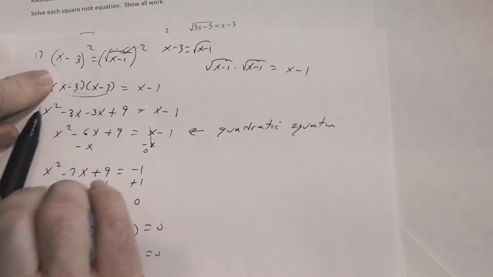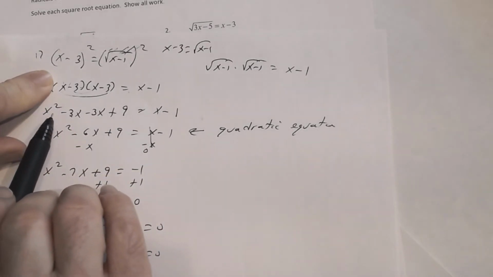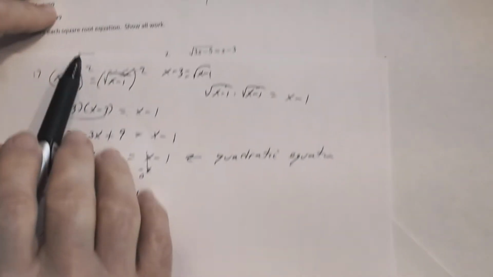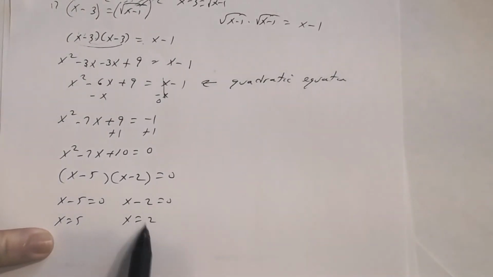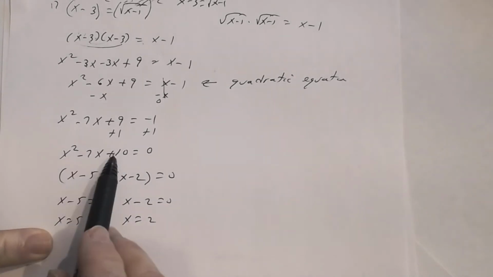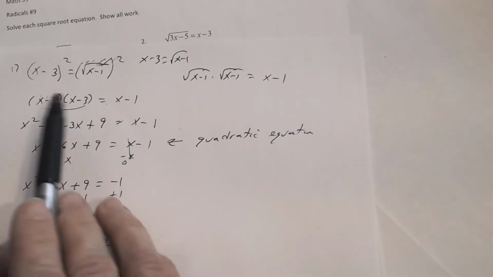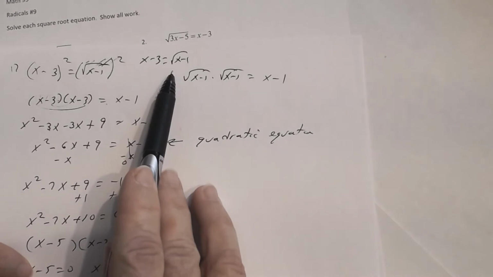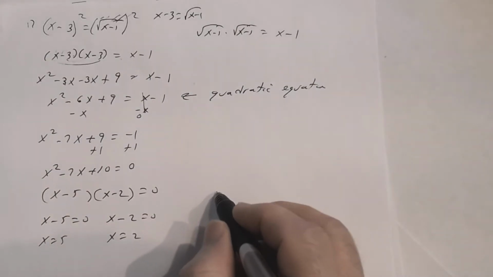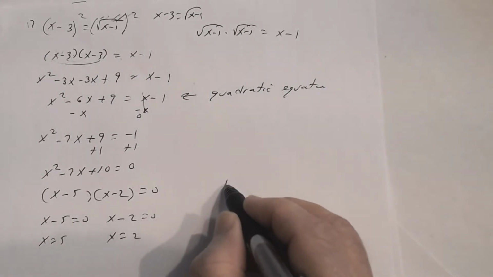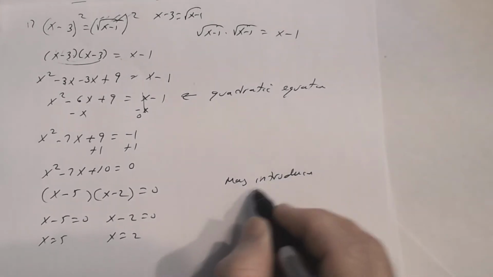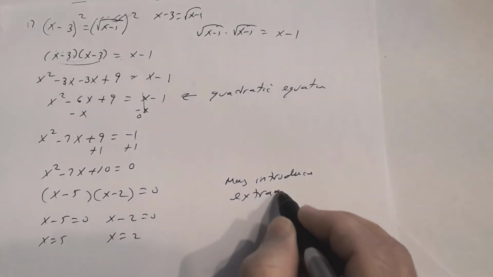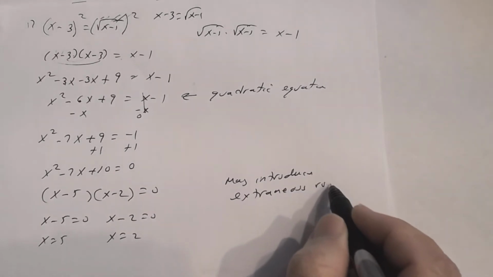I had a variable on this side, so I need to check whether both of these are actually solutions to the original. x equals 5 and x equals 2 are solutions to this quadratic equation, but are they both solutions to the original? Remember, whenever you square both sides, you may introduce extraneous roots or solutions.